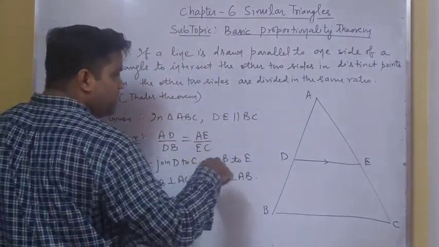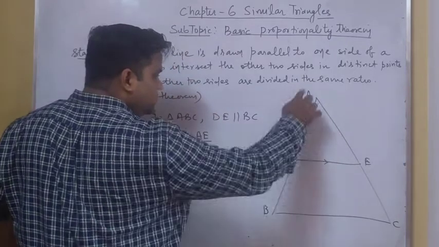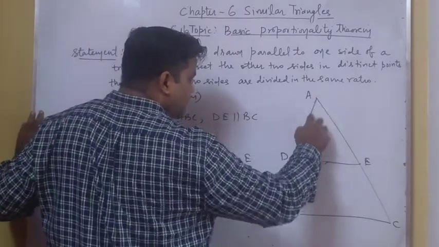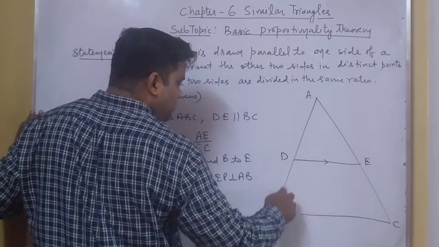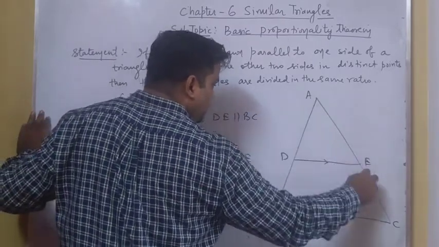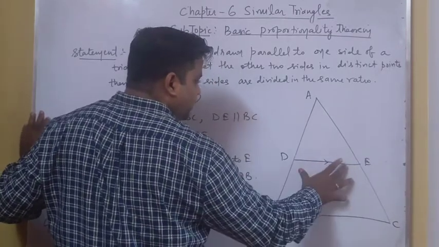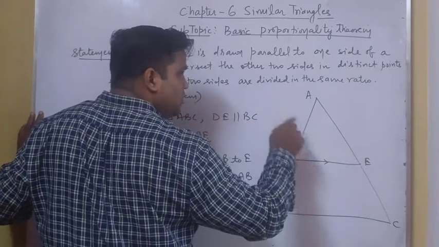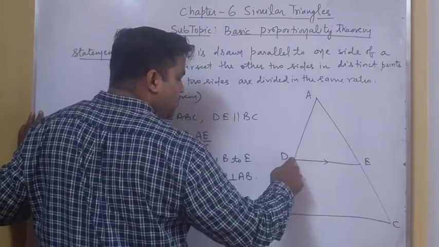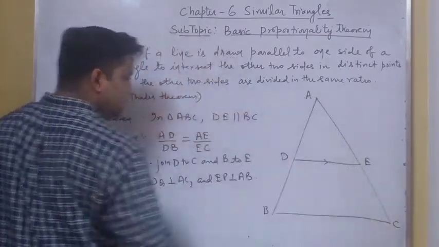Here we have to prove that this line divides two sides of the triangle such that AD upon DB is equal to AE upon EC. Means this line DE, being parallel to BC, divides the two sides of the triangle in the same ratio.